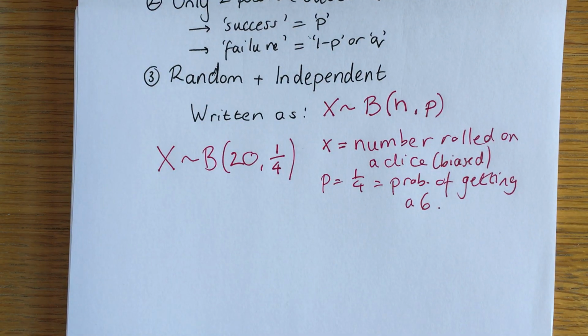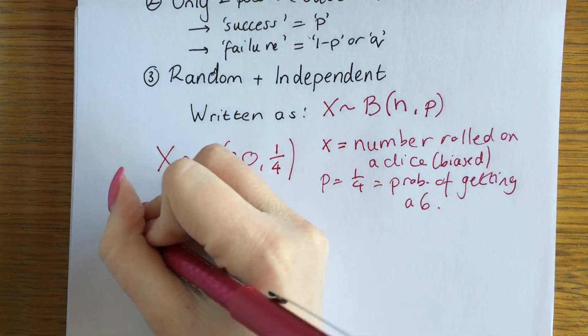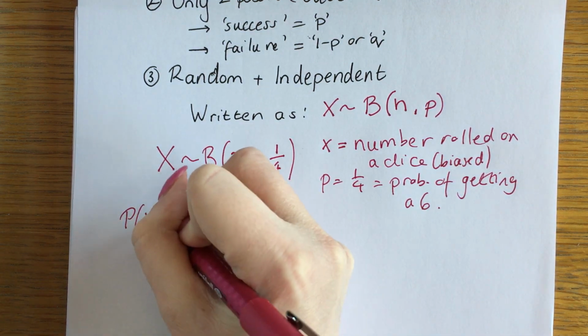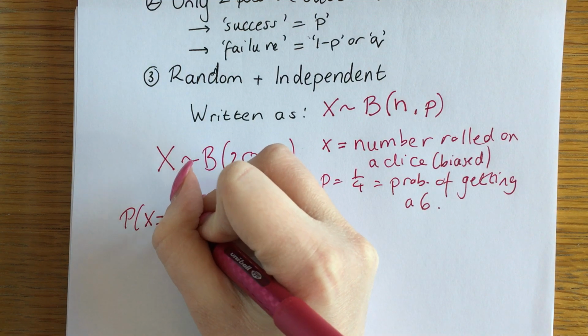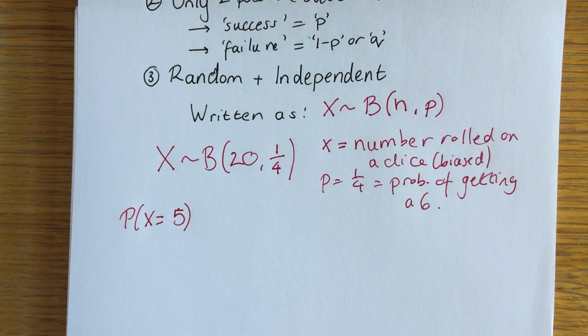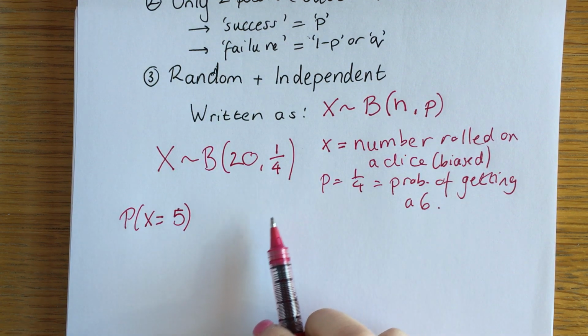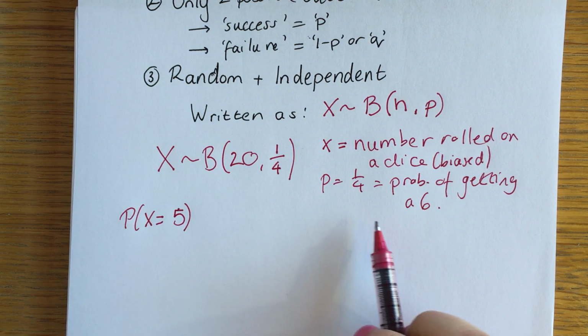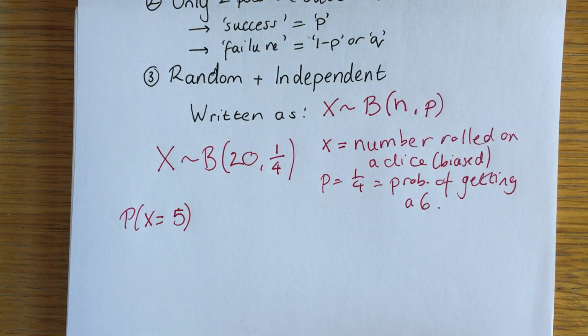So let's say I wanted to know the probability of rolling 5 6s on a biased dice. What that means is when I roll my dice 20 times, I'm going to get 5 6s and then 15 of any other number.